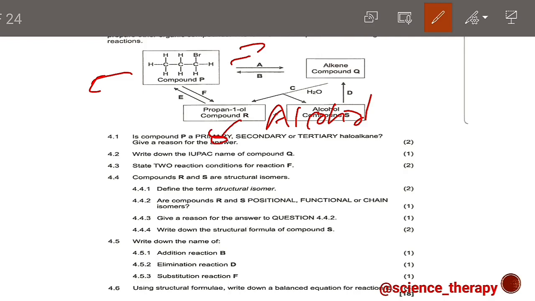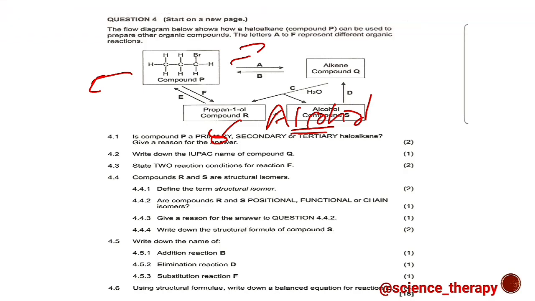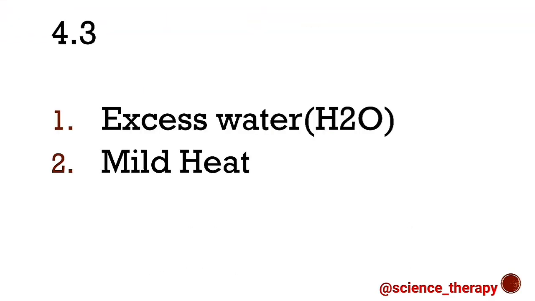But now, what is the name of this substitution reaction? Because we are forming an alcohol, we say it's hydrolysis. Now, what are the reaction conditions for hydrolysis? We know we need excess water and mild heat.